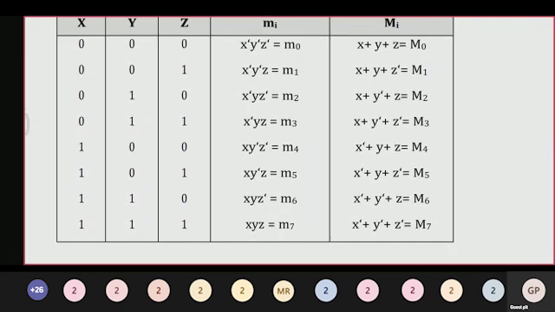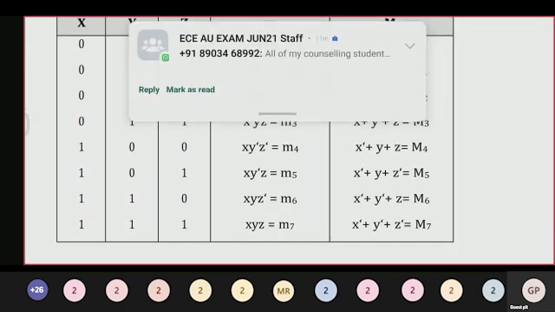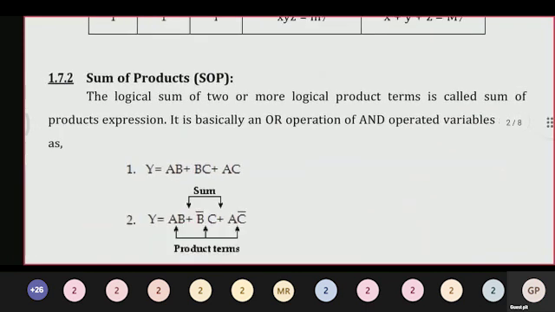Last one, 1 1 1. Each variable is represented in its complemented form. In your max terms, you have to represent 1 as the complemented variable. So we put x bar plus y bar plus z bar, that is equal to max term M7.